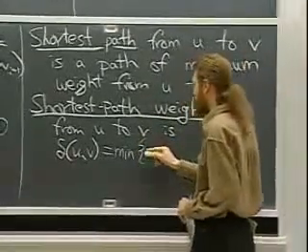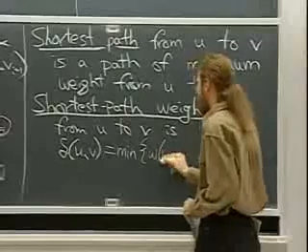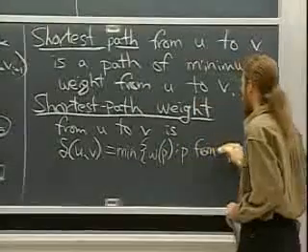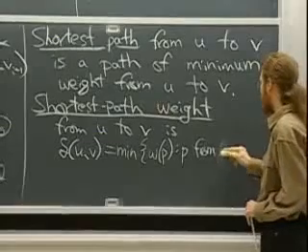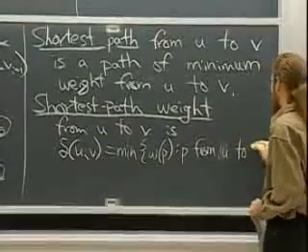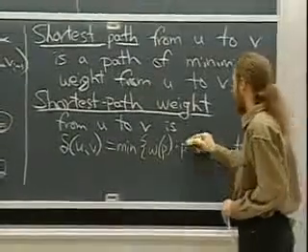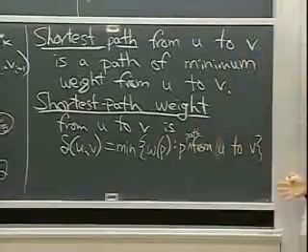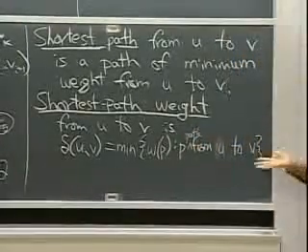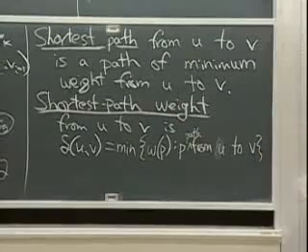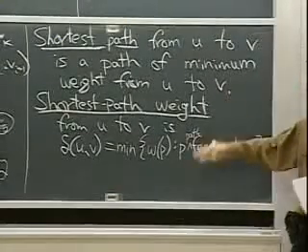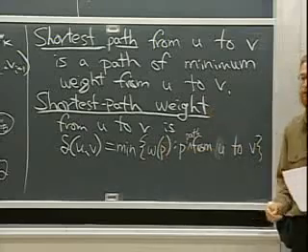Or in other words, it's the min over the weight of each path P from U to V. So P here is a path. You consider exponentially many, there could be a lot of different paths. There could, in principle, be infinitely many if you're allowed to repeat vertices. You look at all those paths, hypothetically, you take the minimum weight.